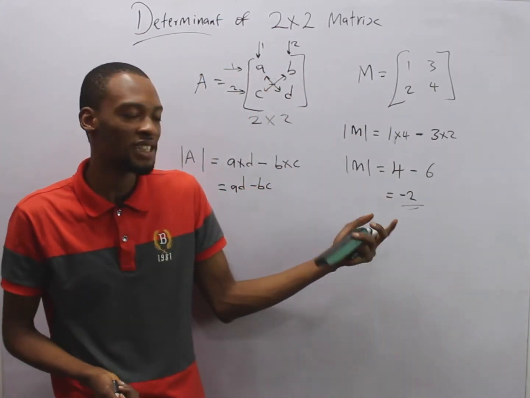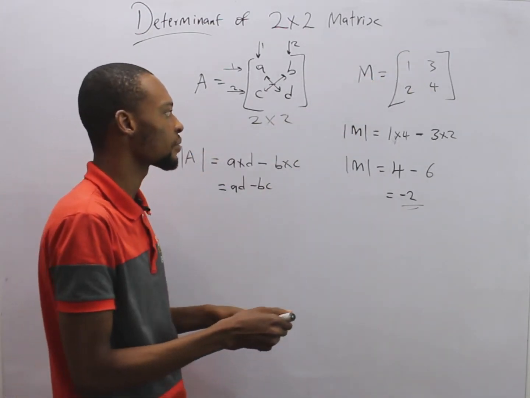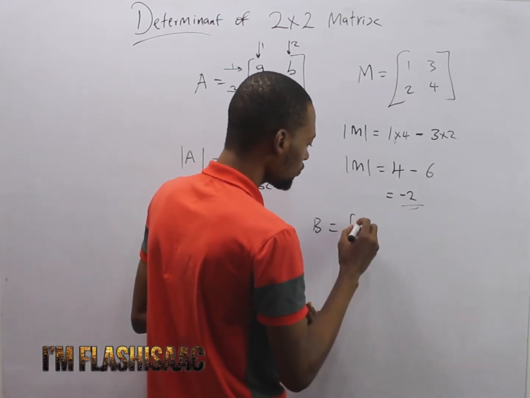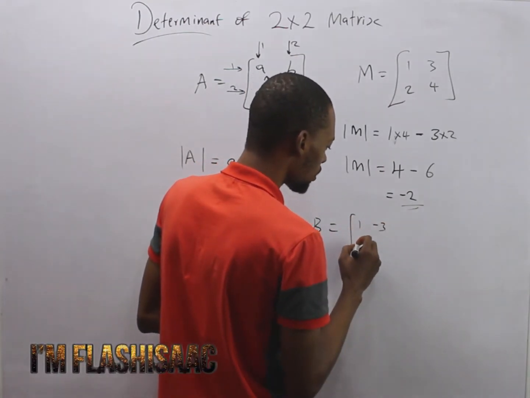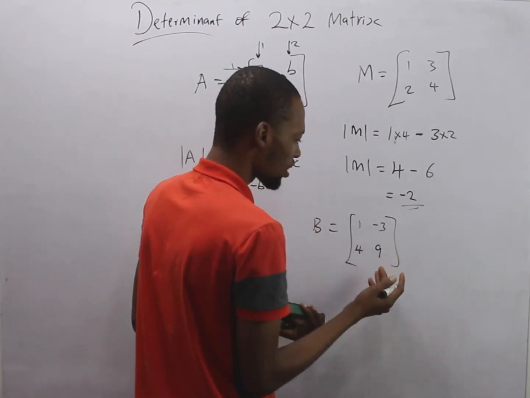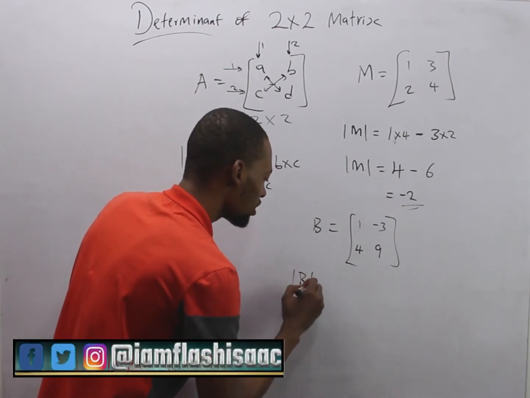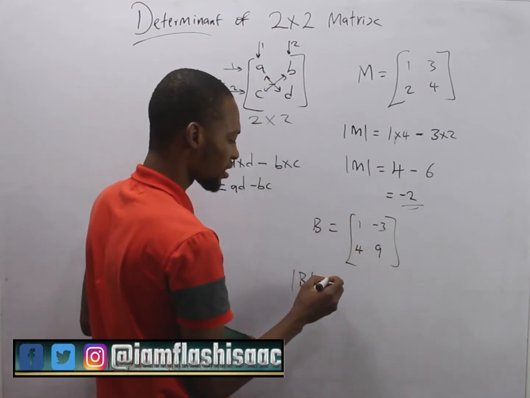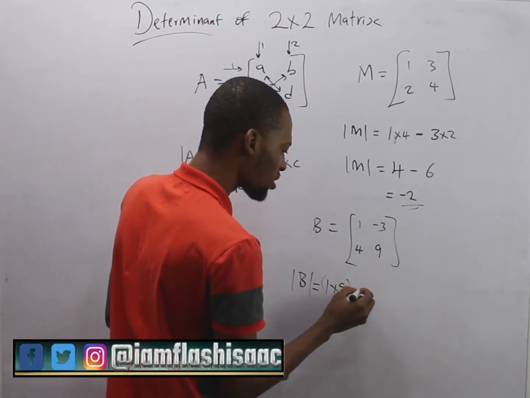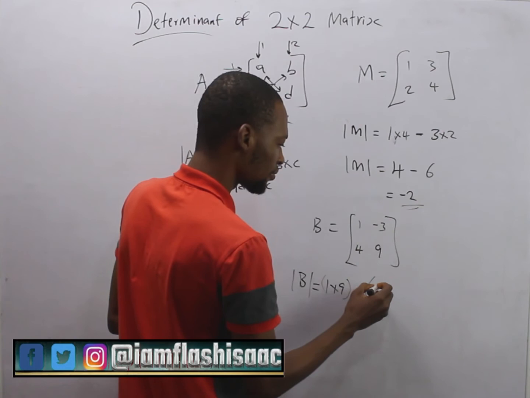So you see, it's a special number we get from these matrices. Now look at something like this. Given the matrix B equals 1, minus 3, 4, 9. The determinant of B is simply 1 times 9, and you can put it in brackets to avoid confusion, minus 4 times minus 3, or minus 3 times 4.